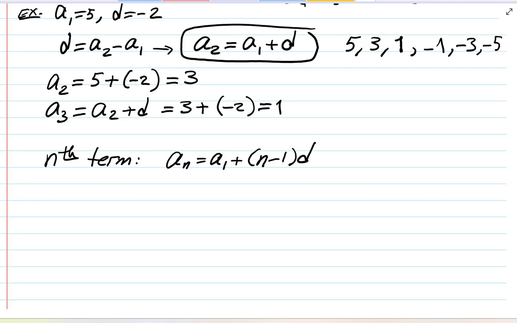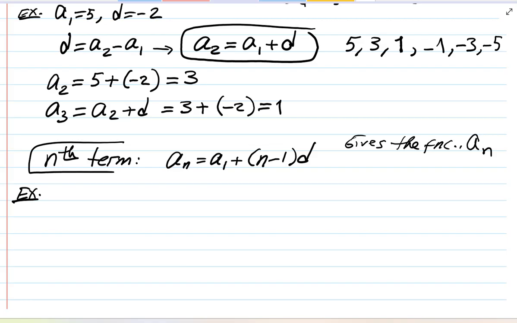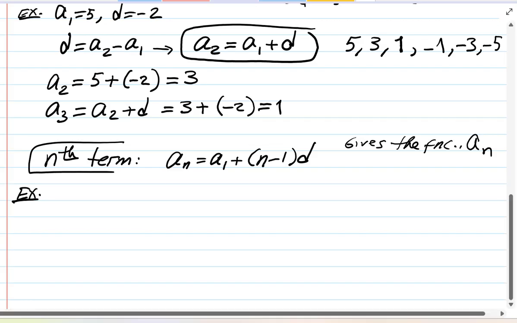And by the way, this formula gives the function a sub n. It actually finds the formula that generates the sequence of numbers.